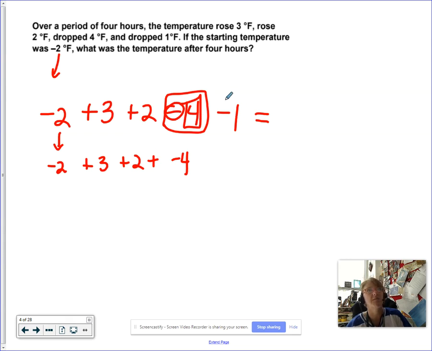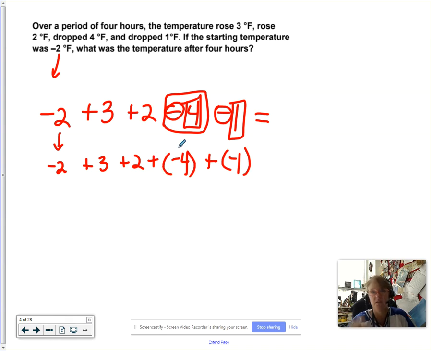I'm going to do the same thing with this subtract 1. Subtraction means add the opposite, and the opposite of 1 would be -1. Now, your textbook is always going to put parentheses around these so that you don't see a plus and minus right in a row and get confused. All right, from here, you can go to town.